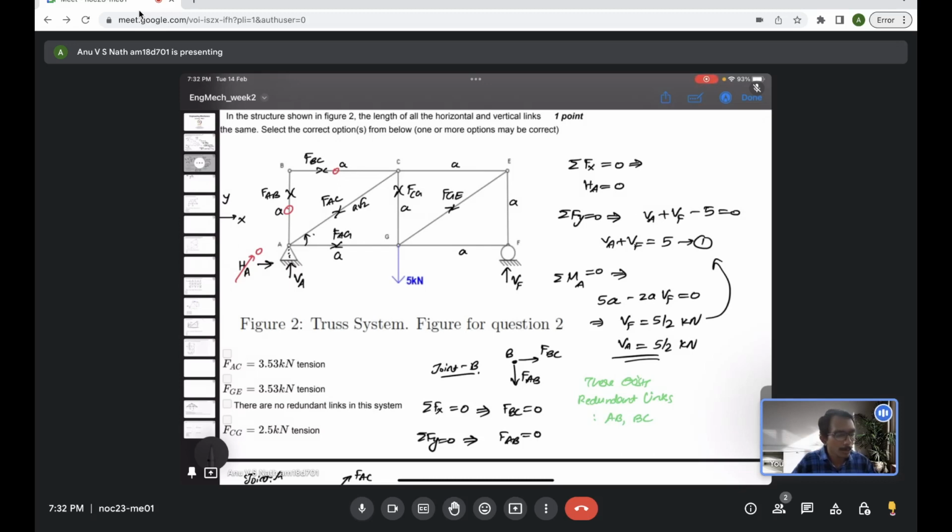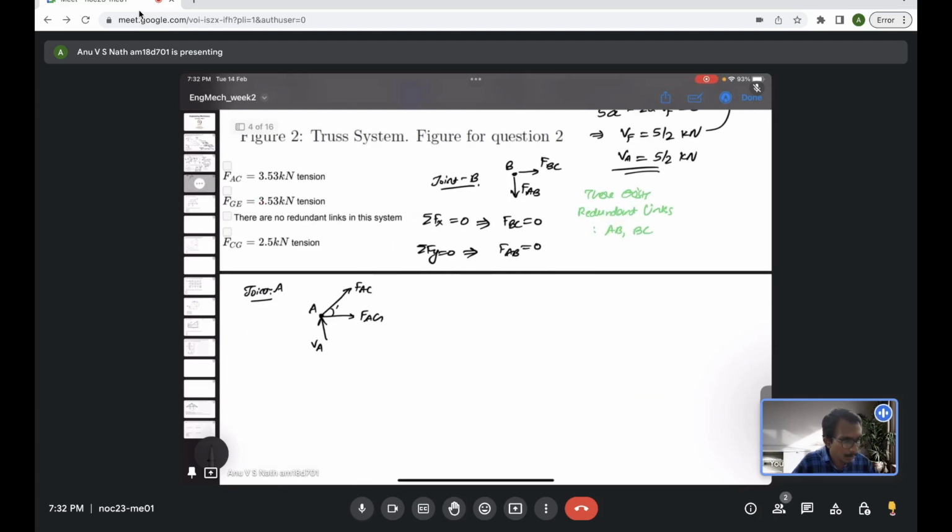So the angle should be 45 degree here and here. The same is valid here also, 45 degree. So we'll use the fact that it's 45 degree here. Now it's actually a system of concurrent forces here.